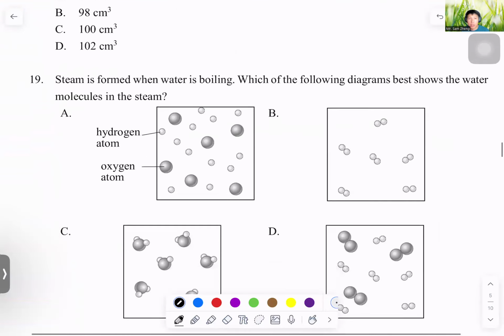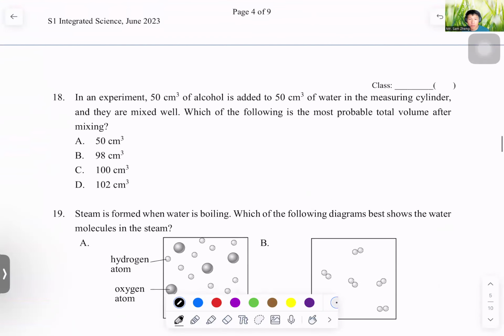Next, in an experiment, 50 cm cube of alcohol is added to 50 cm cube of water. So in this case, we can see that there are two different liquids, so they consist of different particles. Therefore, the smaller particles will fill up the space between the larger particles.